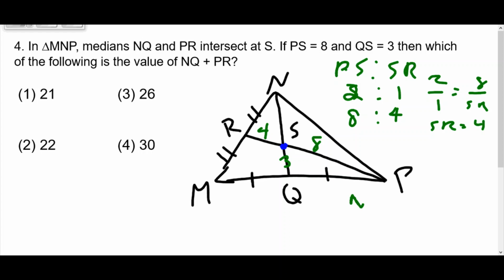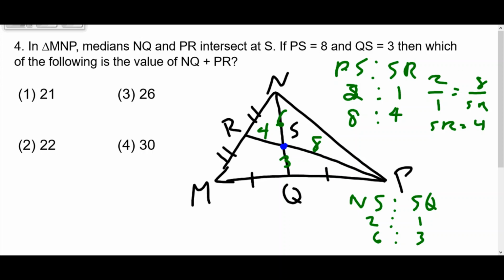We know the ratio of NS to SQ is also 2 to 1, but this time around, SQ is 3. And since the measurement of NS is double that of SQ, that must be 6. So let's take a look now. Okay, so we have this information.